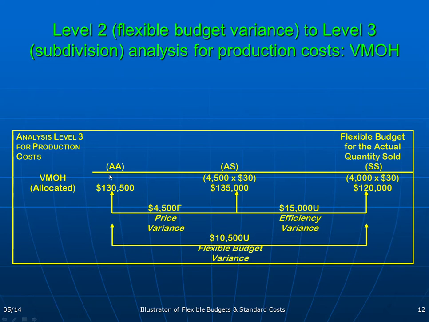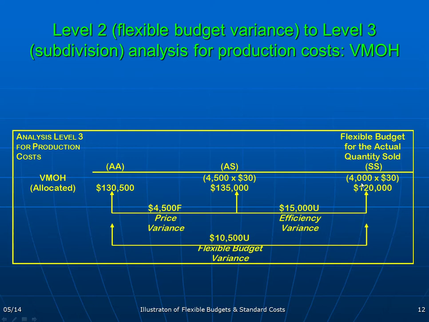All right, my actual quantity of input times actual price, the product of that is my actual cost, which was $130,000. Actual quantity of input was 4,500 machine hours times standard price. Gives me this product right here. I squeeze out that I have a positive price variance of $4,500.